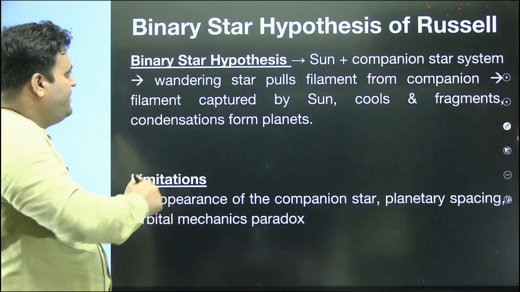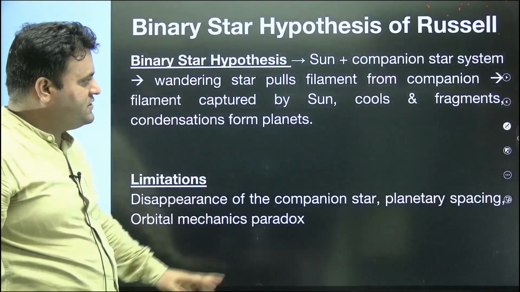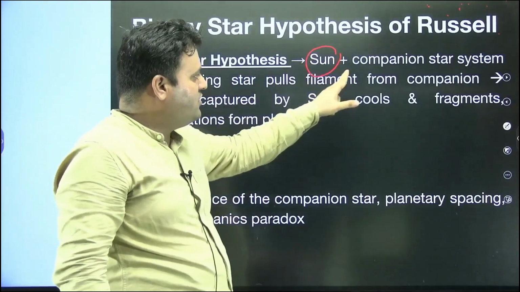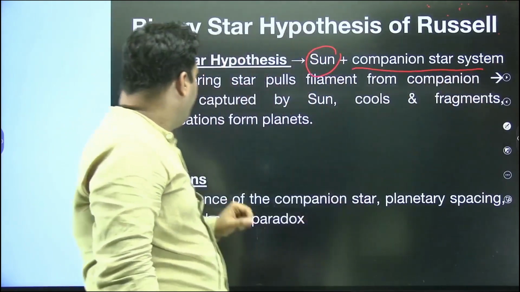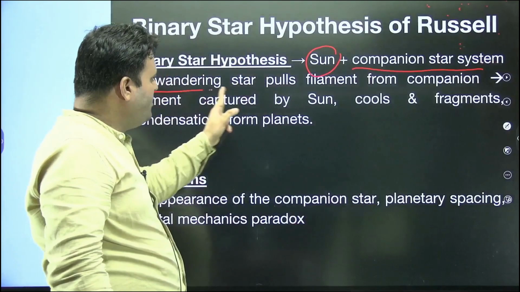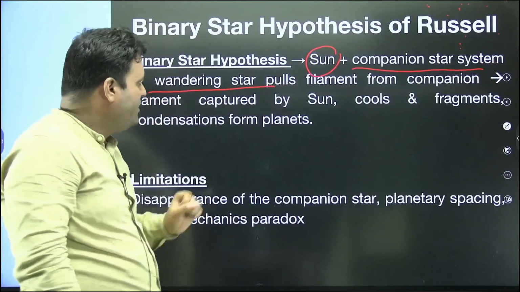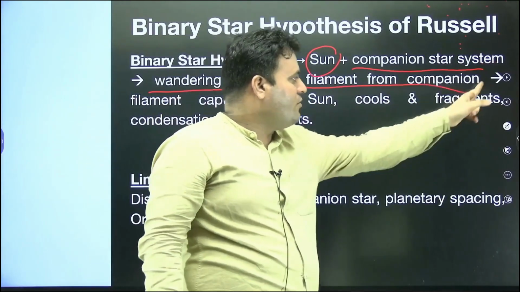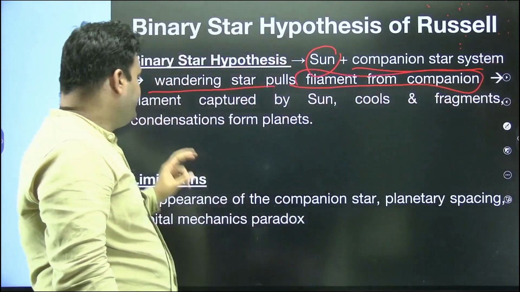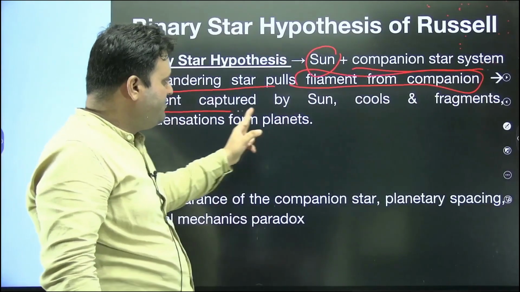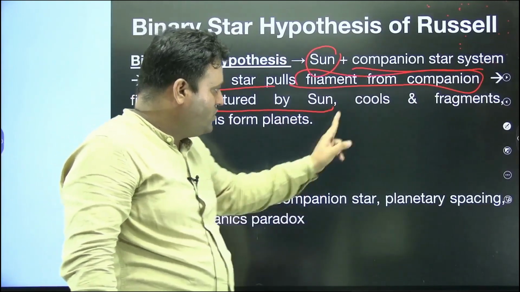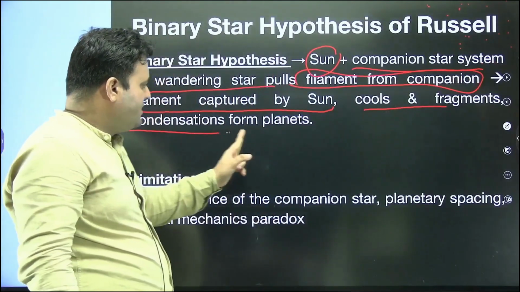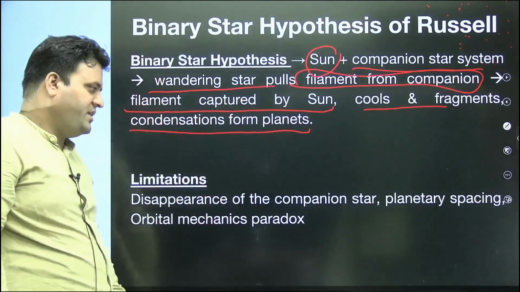In the binary star hypothesis, we had a combination of three stars. One was the sun, another was the companion star, and the third is the wandering or approaching star. This wandering star pulled the filaments from the companion, the filaments were captured by the sun, and as a result of condensation, planets were formed.